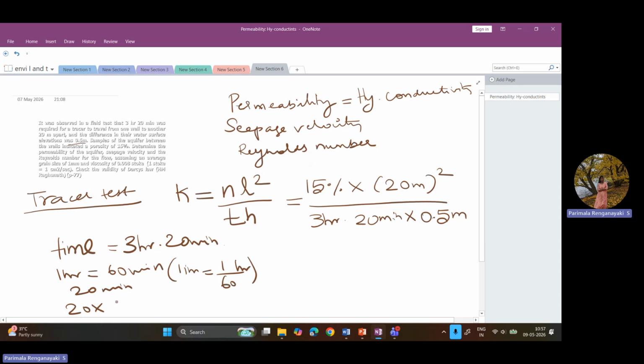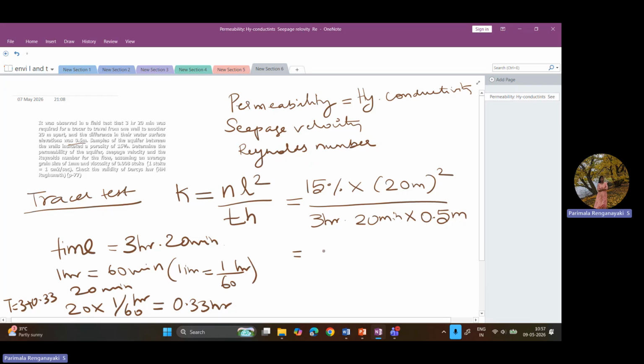So 20 into 1 by 60 hour is 0.33 hour. So our time is equal to 3 plus 0.33.